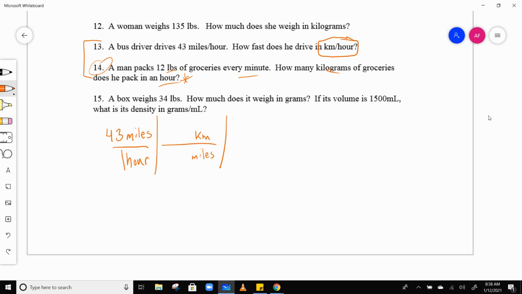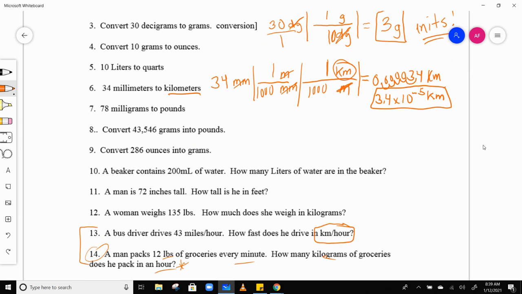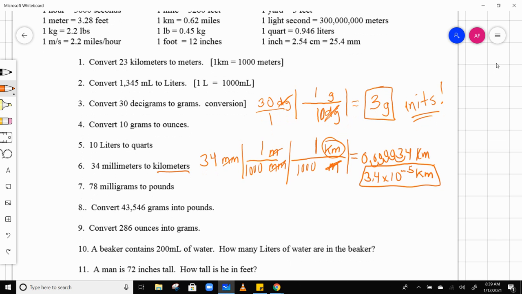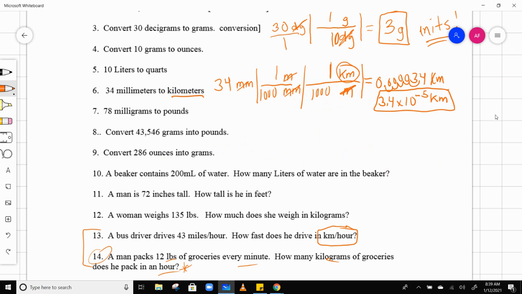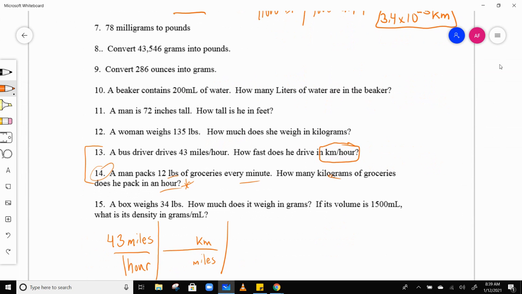So here, I believe it's 1.6 kilometers per mile. Let me just double check. Well, they have 1 kilometer is 0.62 miles. Okay, we'll use that. I'm pretty sure it's 1.6, but we'll use 0.62.